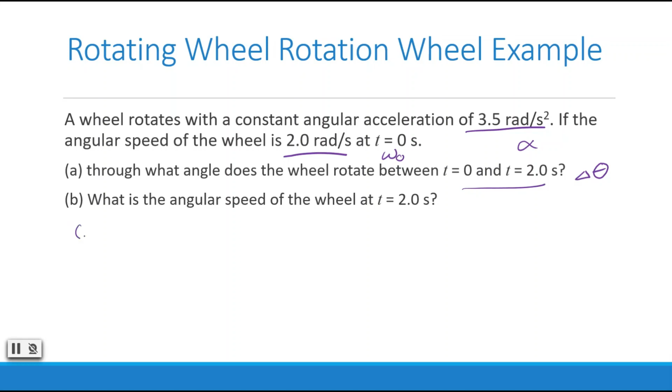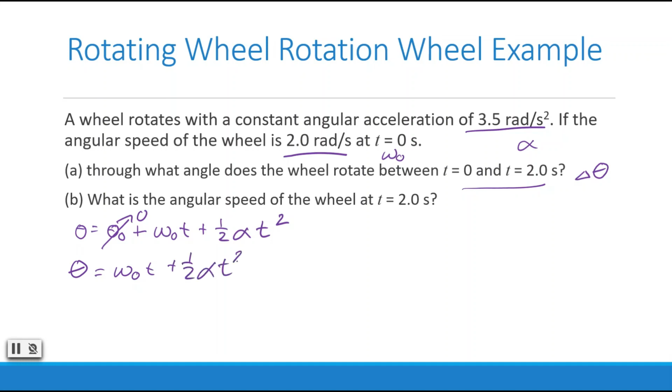So I'm going to probably use that theta is equal to theta 0 plus omega 0 t plus 1/2 alpha t squared. I'm going to assume that I start off at a position of 0. So I can find theta. And then I have omega 0 t plus 1/2 alpha t squared.